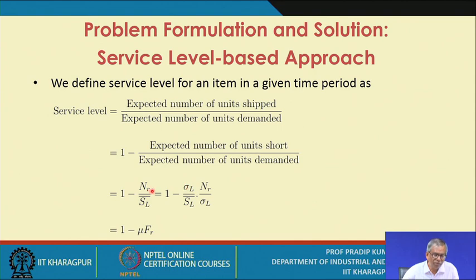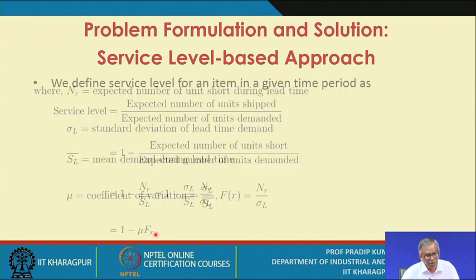NR is the expected number of units short, and if you divide it by sigma L, it becomes FR. So FR is nothing but NR by sigma L.